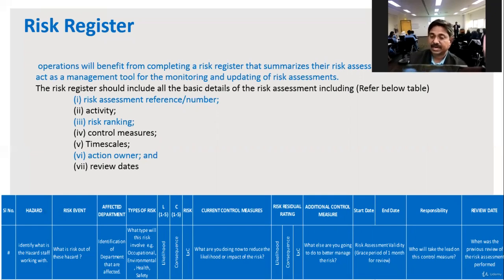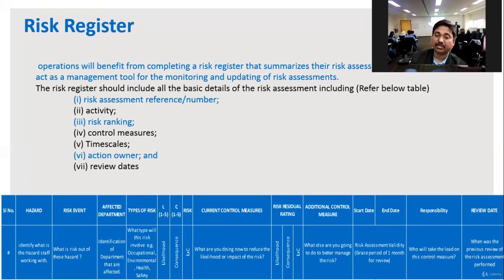Then you are deciding you need an additional, sorry. So current control measures, then you are going to the residual risk rating, then additional control measures. After the residual rating is falling, as I said, in the 8 to 12 category, again if the residual risk is falling in that category, we need some additional risk control measures, and its start date, end date, who is doing that, responsibility, how we are reviewing them.